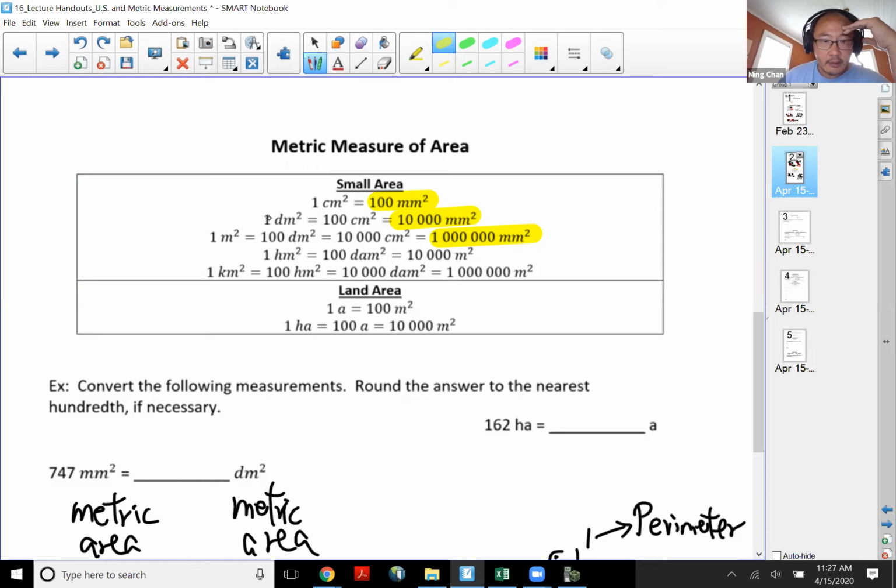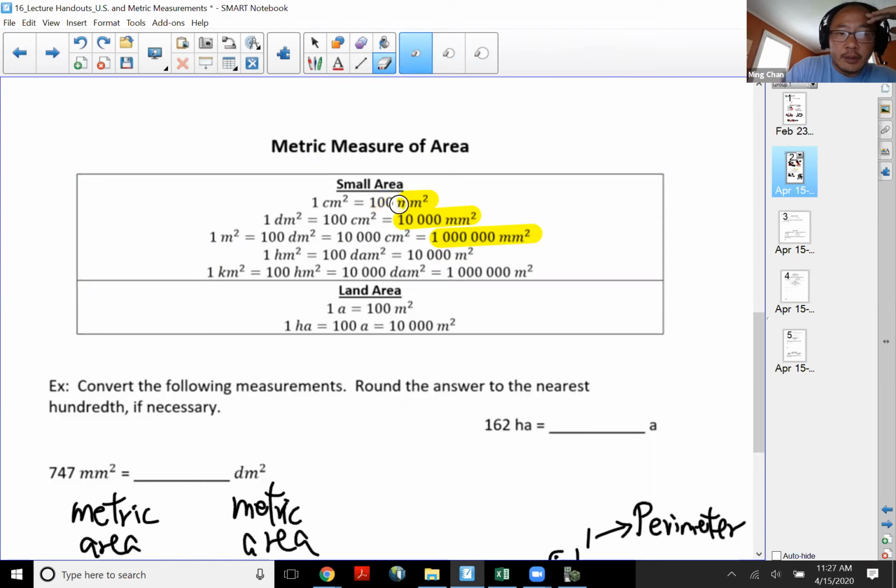Oh, right here, square deci. This one can also take me to square deci, but it's easier to use the 1 to 10,000 ratio. So I'm going to use the one in the middle. I'm going to use this line.